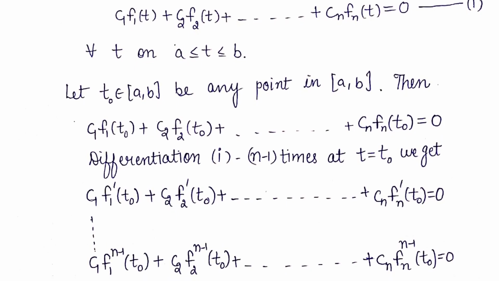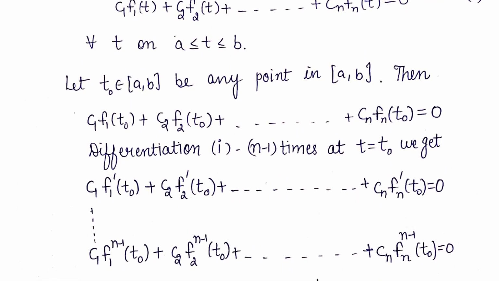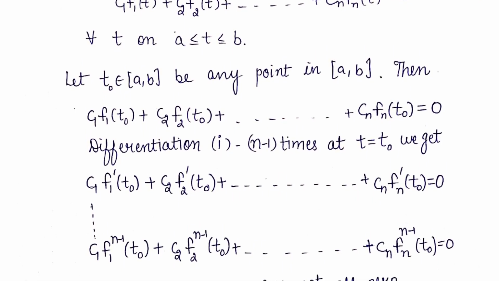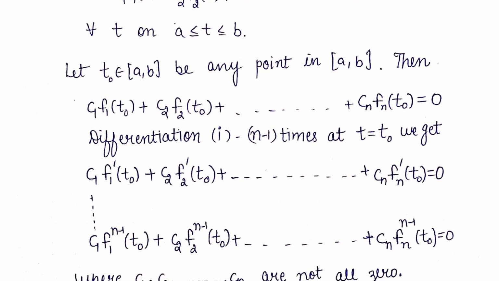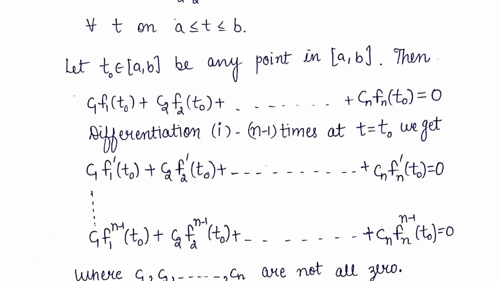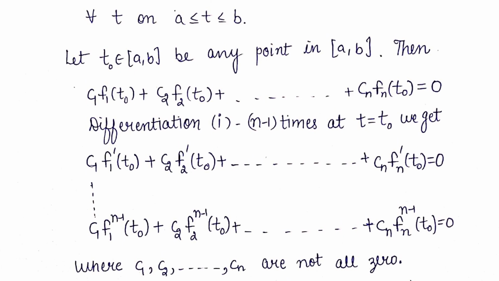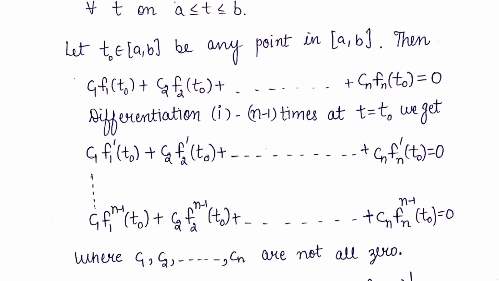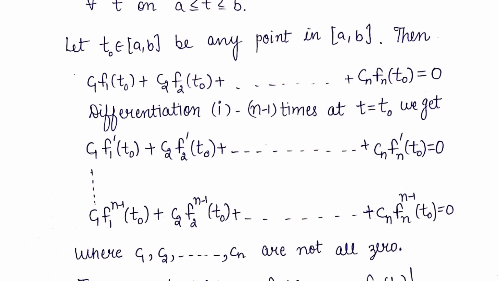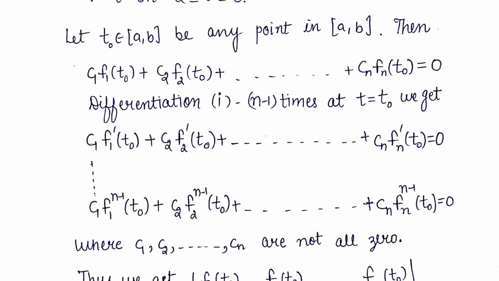Now let t naught be any point in the given interval ab. If we substitute this point in the equation 1, we get C1 F1 T naught plus C2 F2 T naught plus up to Cn Fn T naught is equal to 0. Now differentiate this equation 1 n minus 1 times and evaluate the derivative at the point t naught.